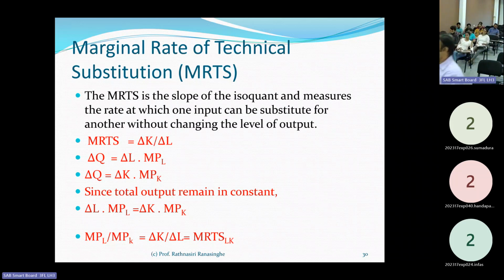Now, delta Q: we take the output by changing the labor and the capital. With respect to changing the labor, how much is output going to change? What does it measure?